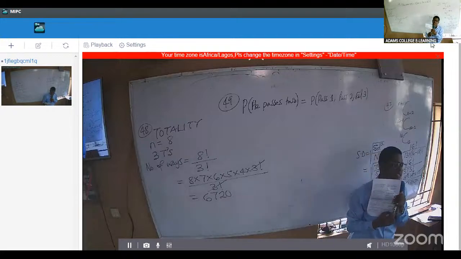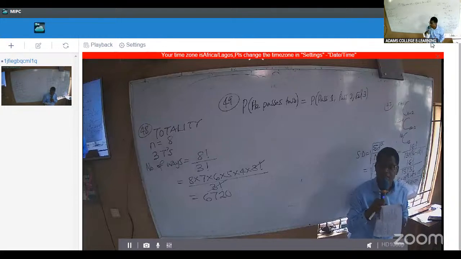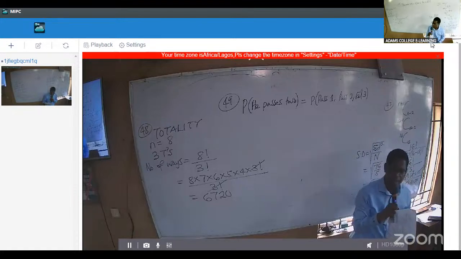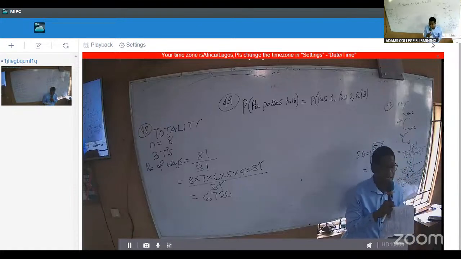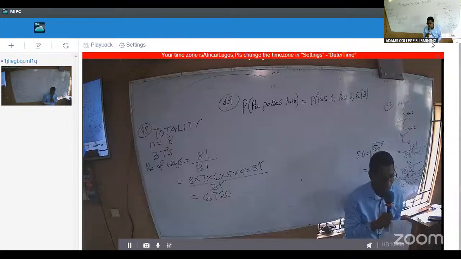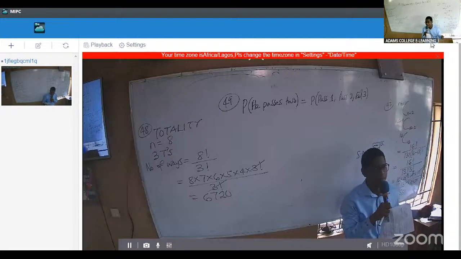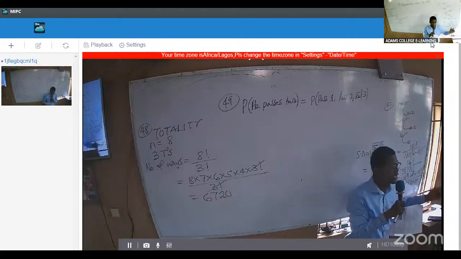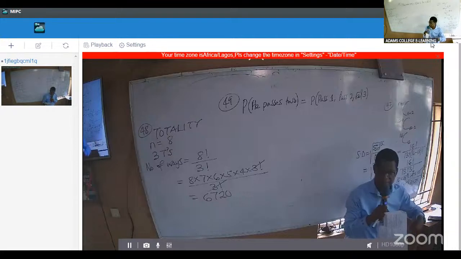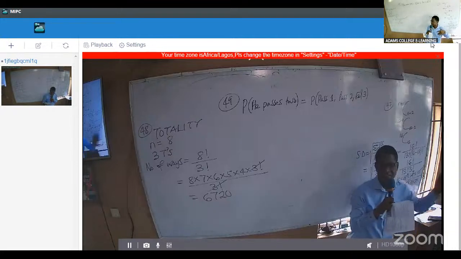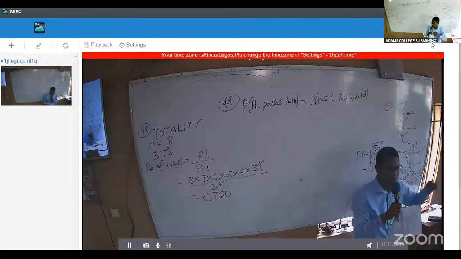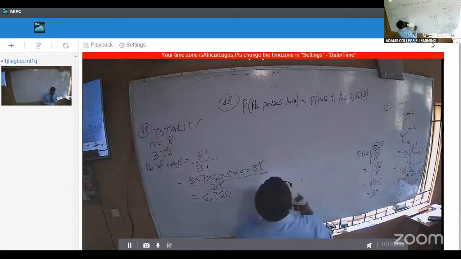But if they said a boy wrote 3 subjects: physics, chemistry, biology, what is the probability that he passed 2 of the tests? It would be pass physics, pass chemistry, fail biology, or pass physics, fail chemistry, pass biology, or fail physics, pass chemistry, pass biology. But here it's the same physics test, so there's no need for us to start doing permutation. All right, let's go now. He passed physics.